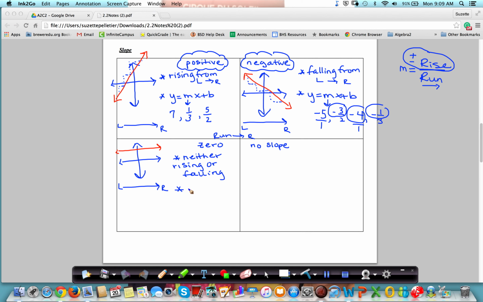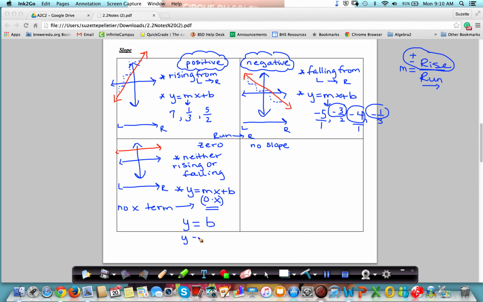Its slope is 0. And 0 times x means that my answer to this right here is going to be 0 at all times, which means there is no x term in these equations, okay? There's no x term. The reason is because we've multiplied it by 0 and it's gone.